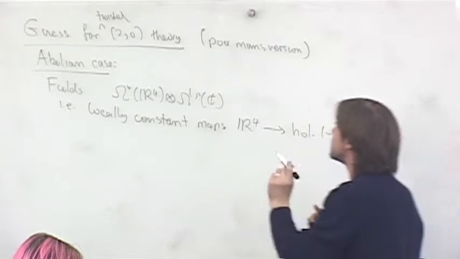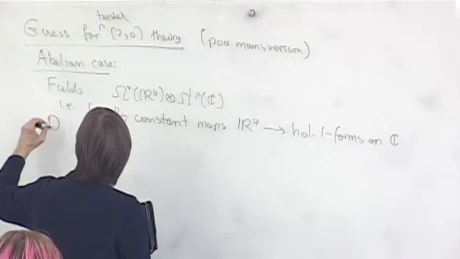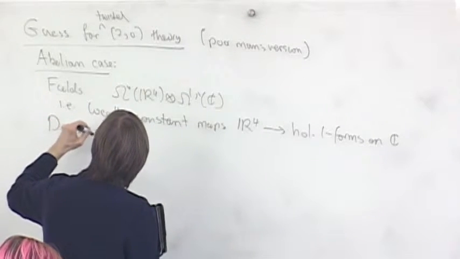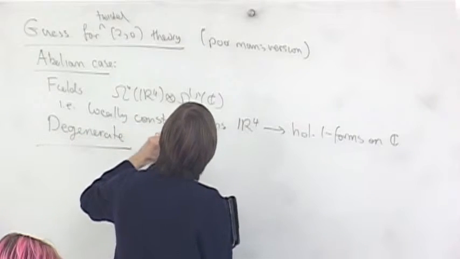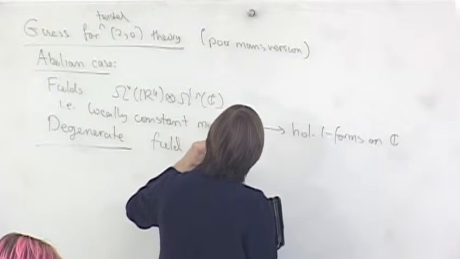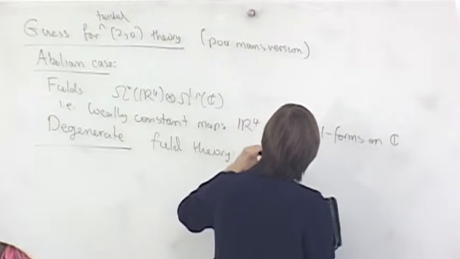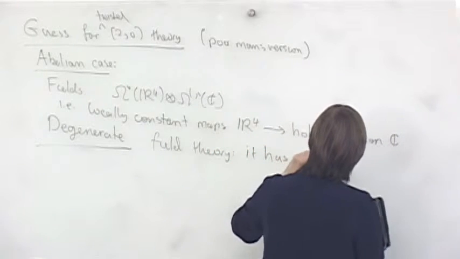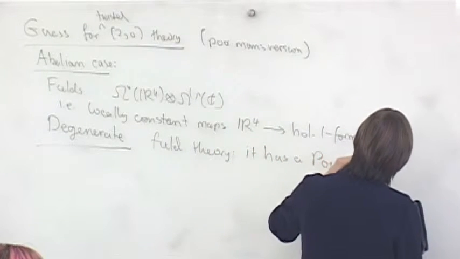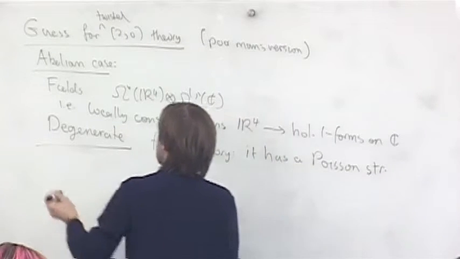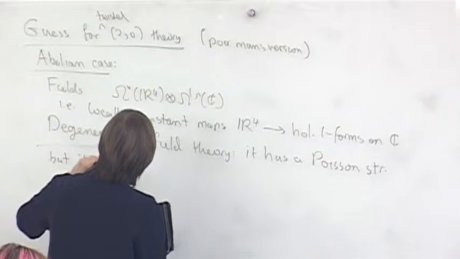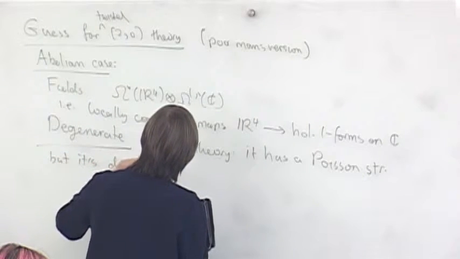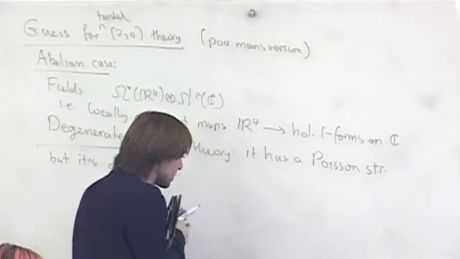Here, this will be a degenerate field theory. It has a Poisson structure, but it's not non-degenerate. So what's the Poisson tensor?